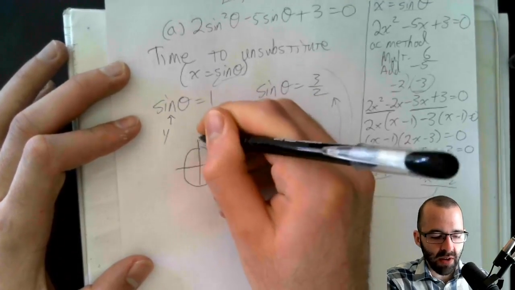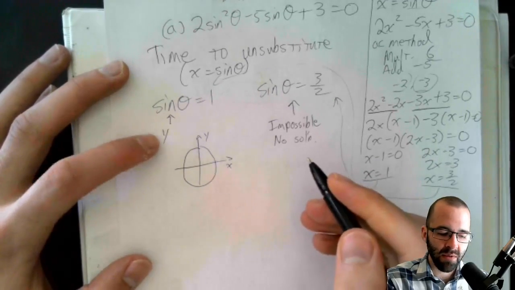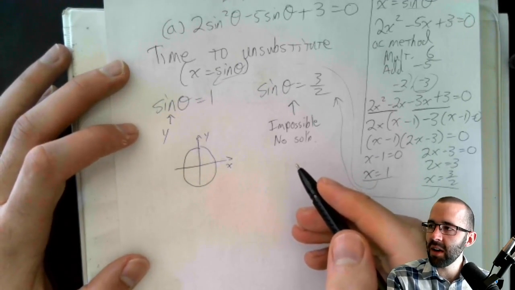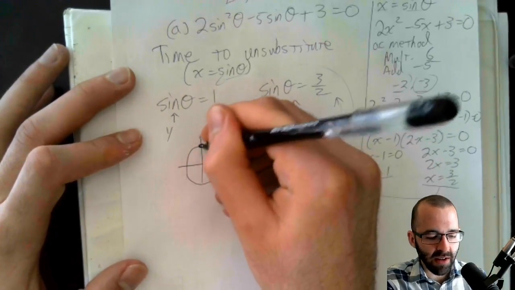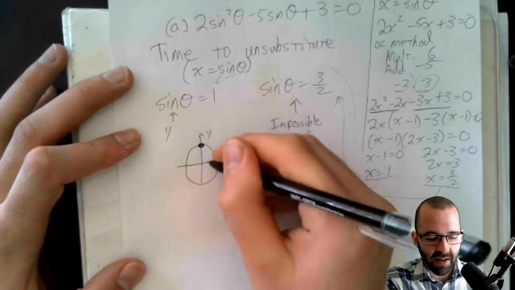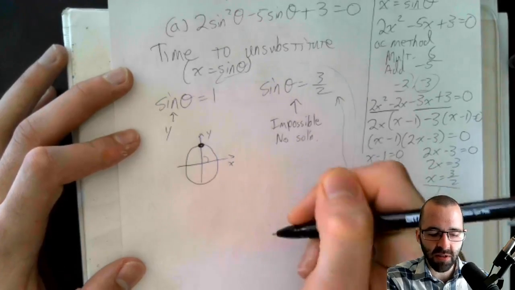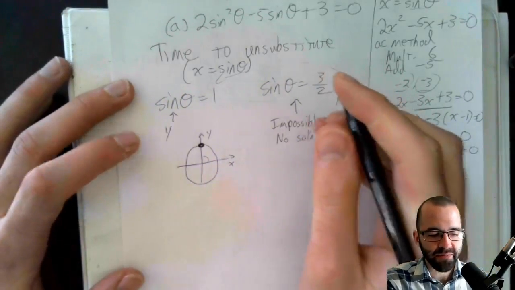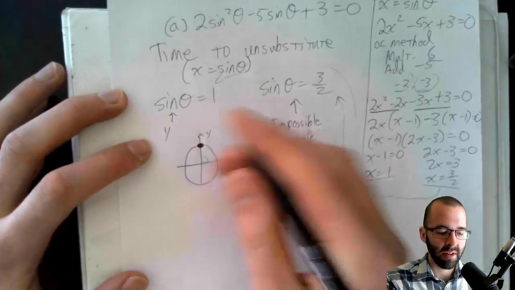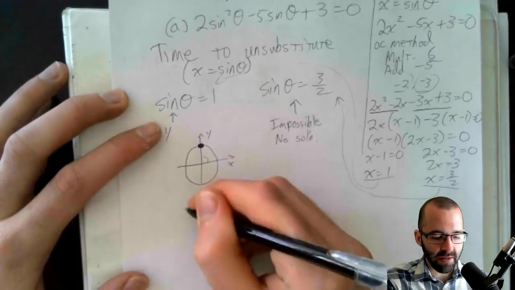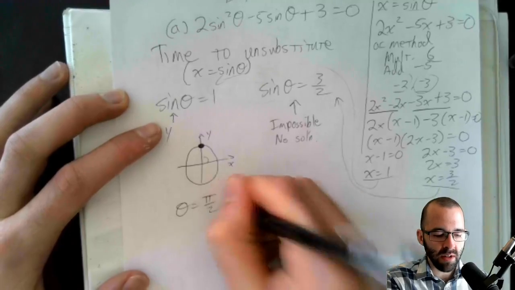So when on the unit circle is the y-coordinate equal to 1? Yeah, exactly, 90 degrees or pi over 2. Good. It's right there. 90 degrees, a quarter of the circle, or pi over 2. And that's the only place that happens. So we just get that, well, theta is pi over 2.